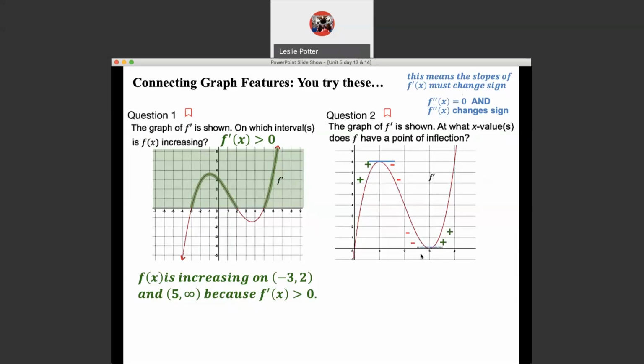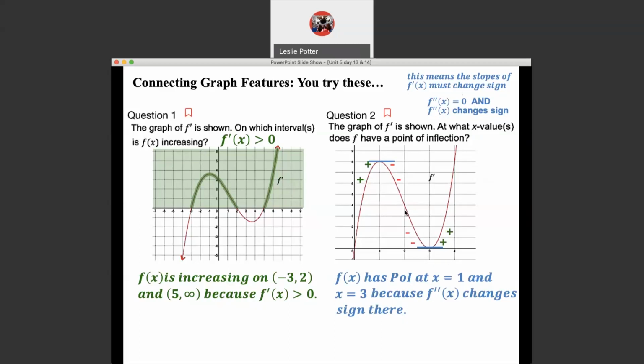We have a change from negative slopes, which means negative second derivative, to positive slopes, which means positive second derivative. So we have a point of inflection right at this location as well. So we say f of x has a point of inflection at x equals 1 and at x equals 3. And the justification is because f double prime of x changes sign there.